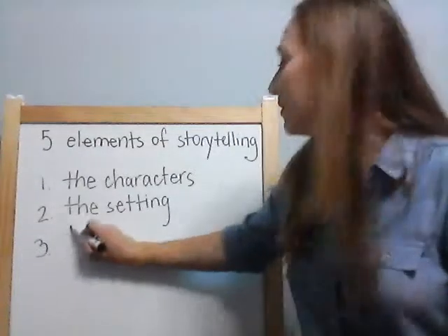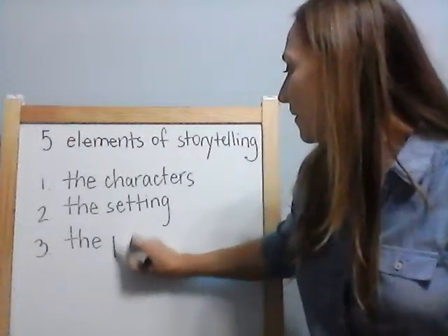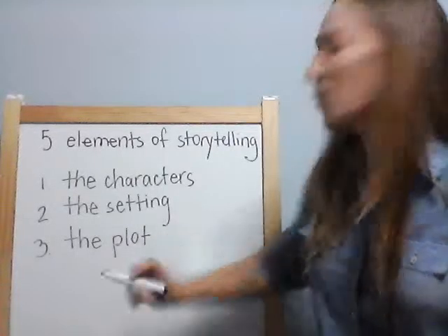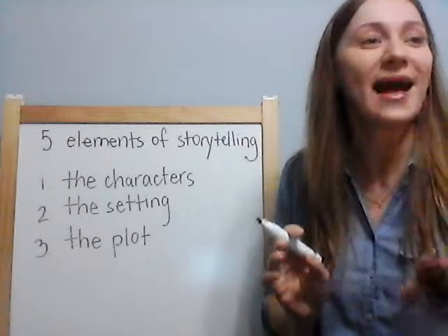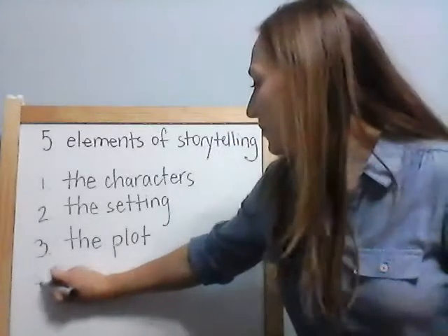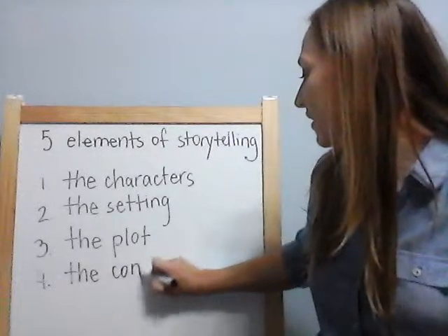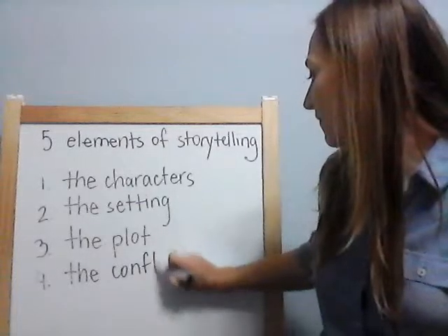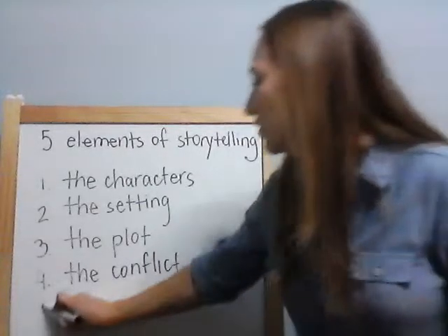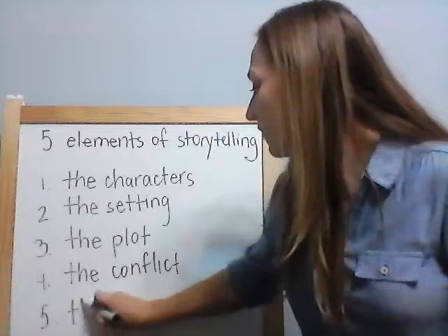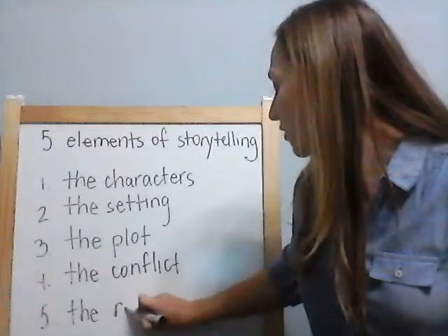Third one is the plot. Very good. And then I have 2 more that are a little more complex. Very good, Annabelle. So you remember them pretty good. It's the conflict and resolution. Yes, very good. So the conflict and the resolution to our conflict.